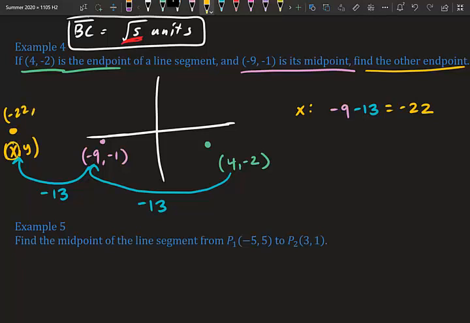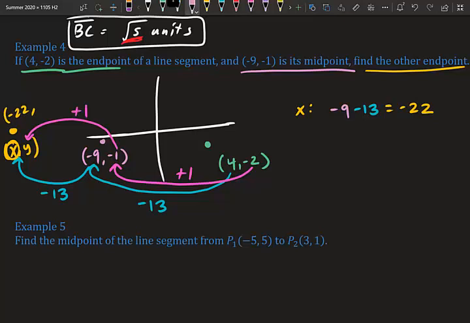We found this. Now we need to do the same thing to find the y. So to find the y, from -2 to -1, I plus 1 on my y's, because you would rather owe me $1. You don't want to owe me $2. You want to owe me $1. So I go up 1. So from here to here, I need to plus 1.